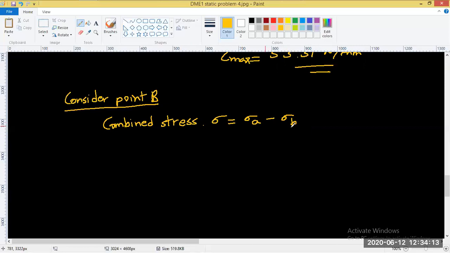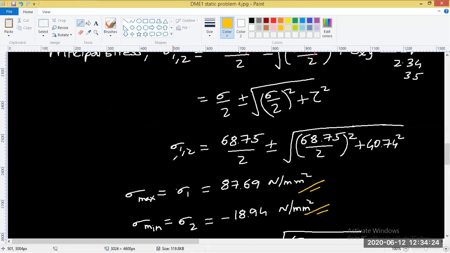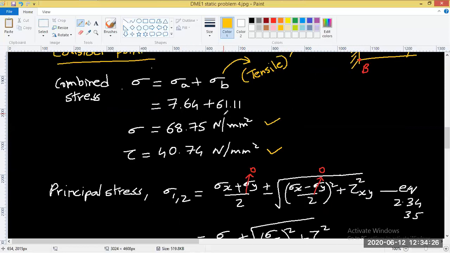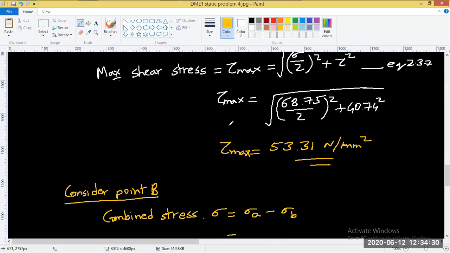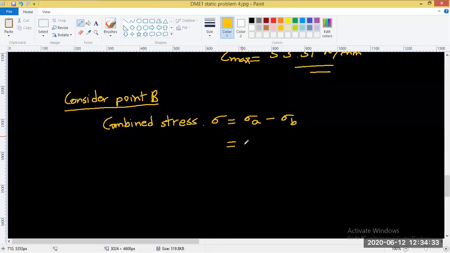That's what I need to do here. So axial stress was, I think, 7. Let me check back. 7.64, 61.11.